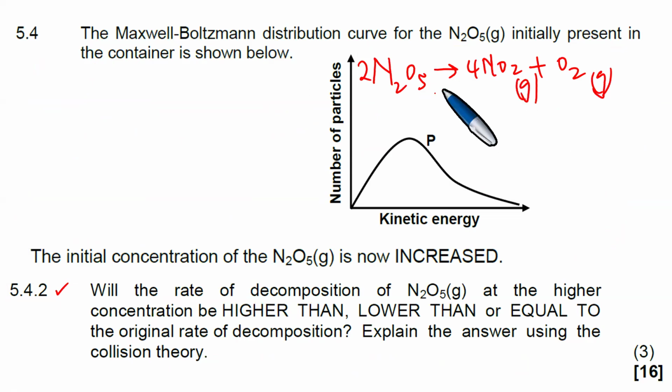We're saying the initial concentration of N2O5 is now increased. Will the rate of decomposition of N2O5 at the higher concentration be higher than, lower than, or equal to the original rate of decomposition? Explain the answer using collision theory.